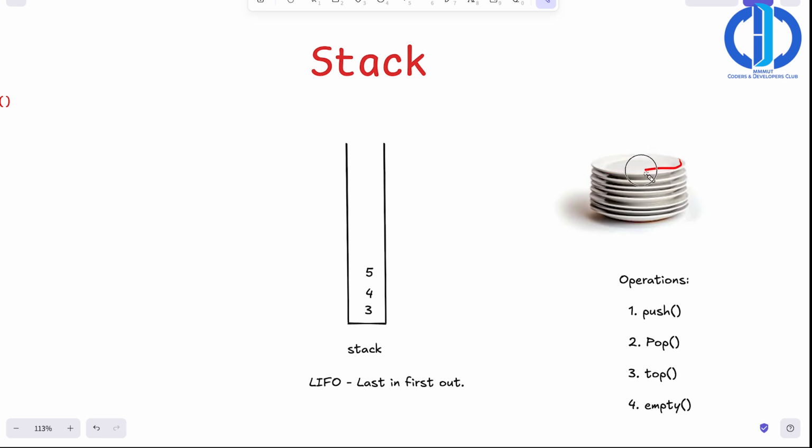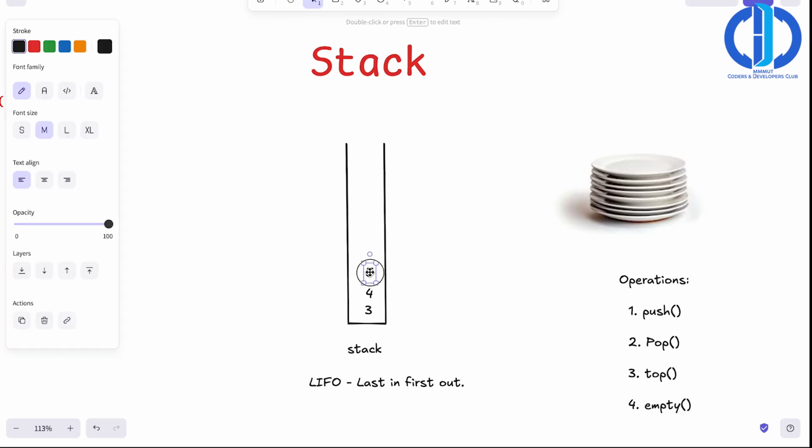So if we want to take out plates, then the plate that is placed last will be taken out first. And the similar goes with the data structure stack: if we want to take out elements from the stack, then the element that entered last will be taken out first.